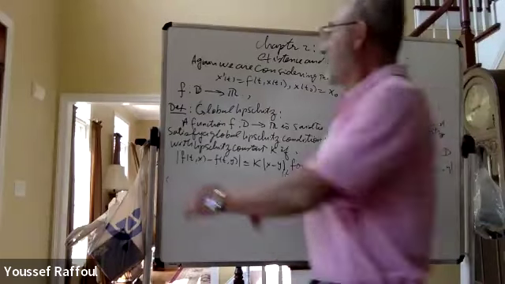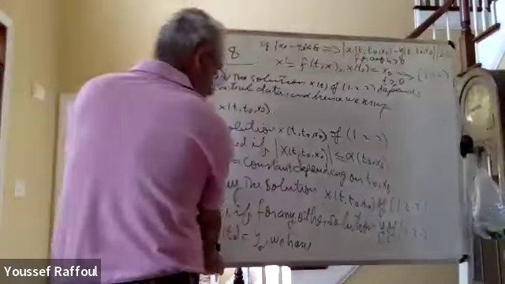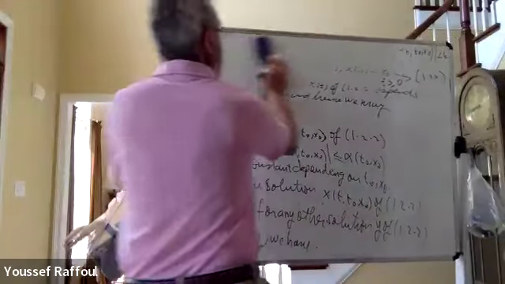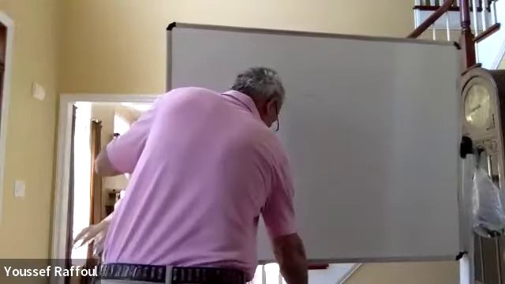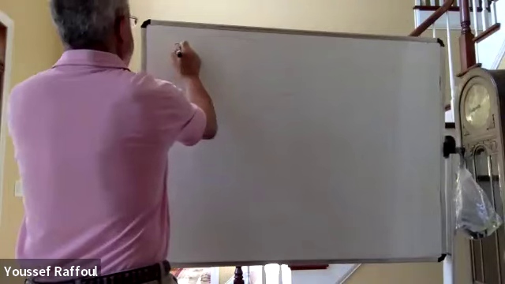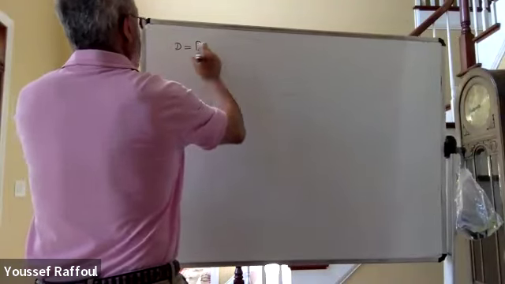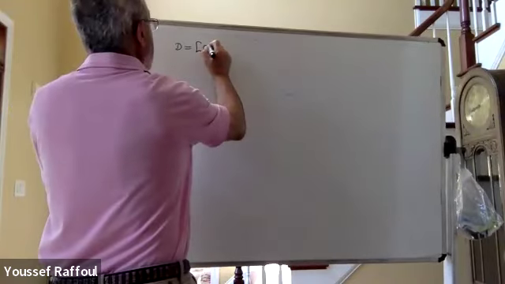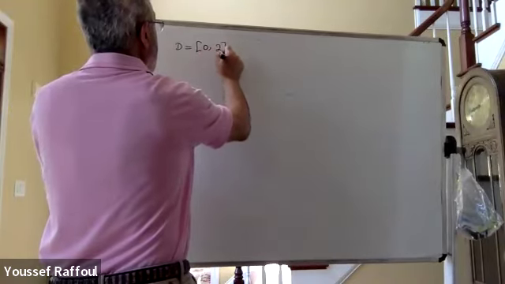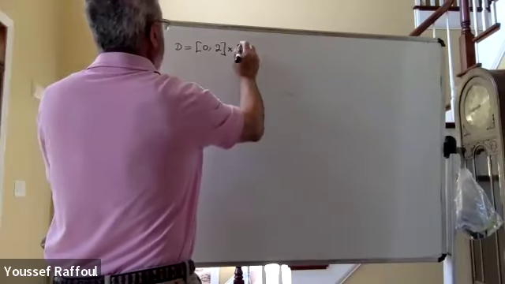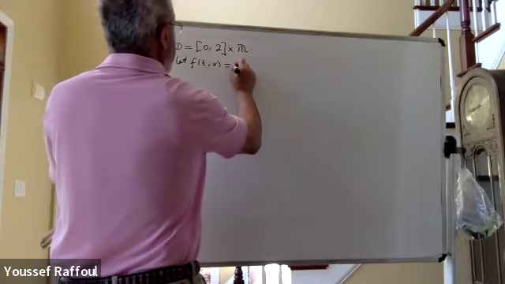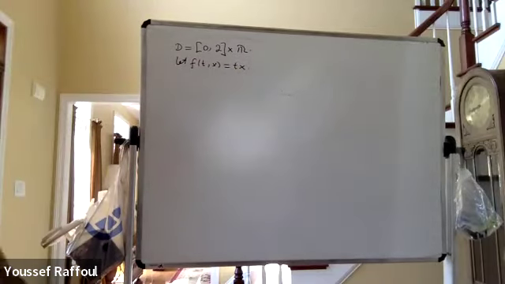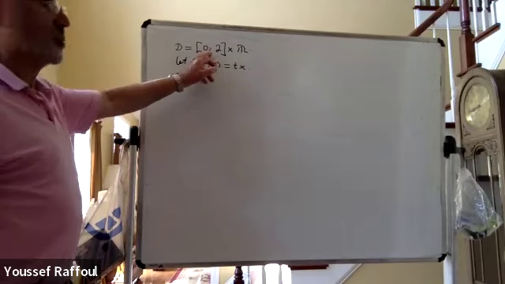All right, let's take an example. Let D equal (0,2) cross R, and let f of t,x equal t times x. So basically, t belongs to (0,2).